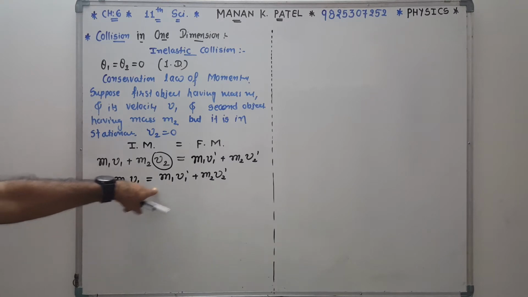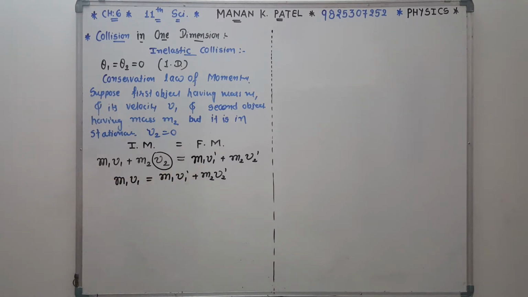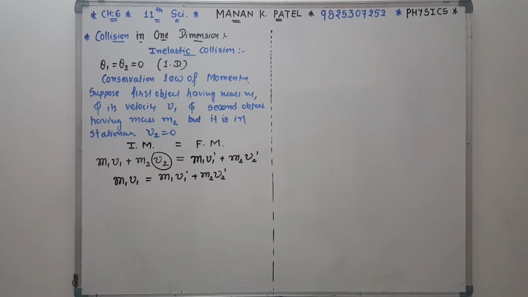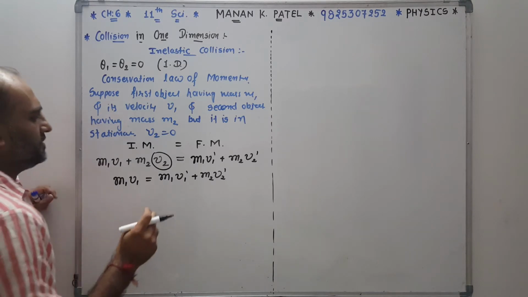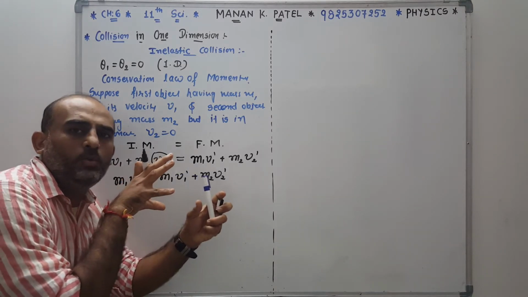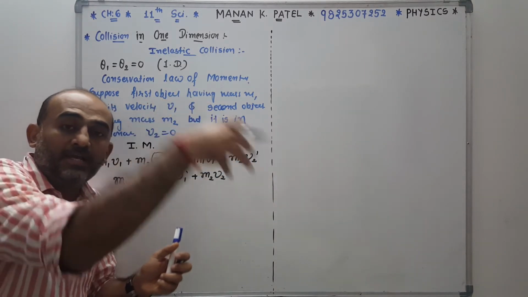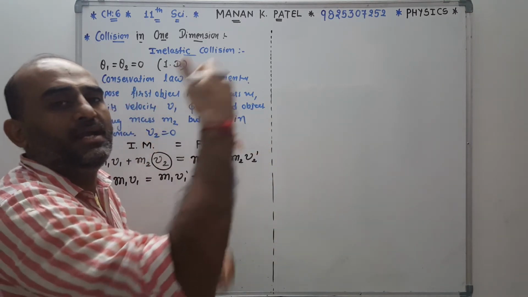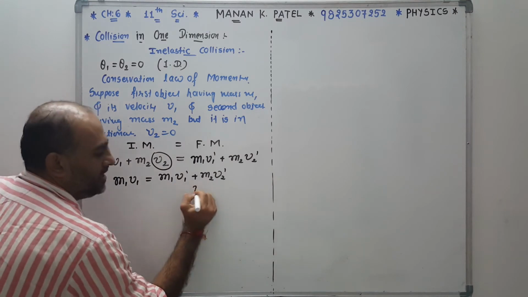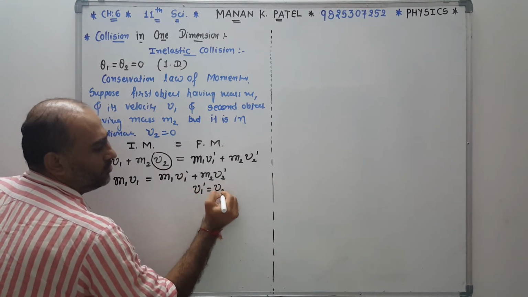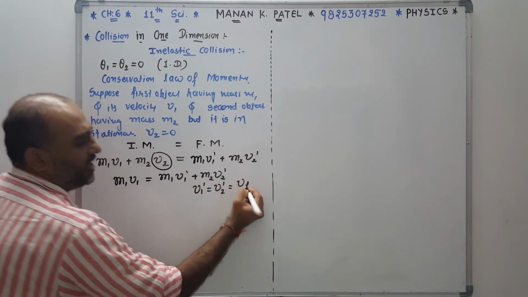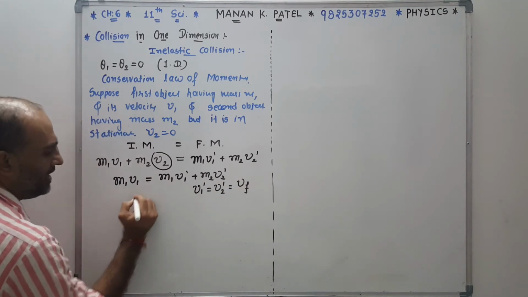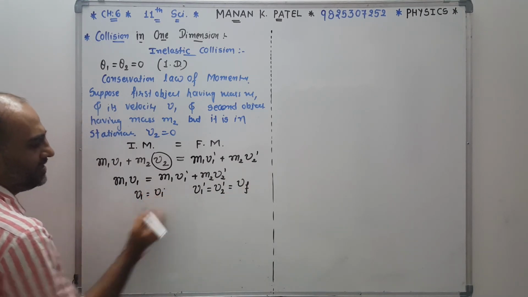Now in the final condition, v1 dash and v2 dash, the objects collide with each other. Suppose the second object sticks with the first one, that means they have the same velocity, that is v1 dash equal to v2 dash equal to v final, and v1 is the initial velocity.